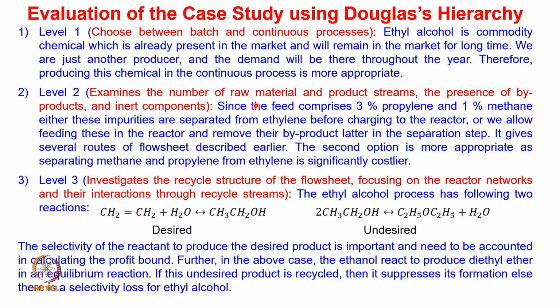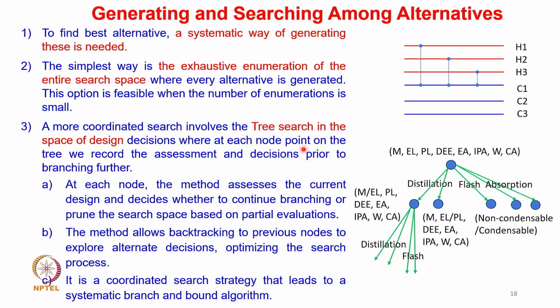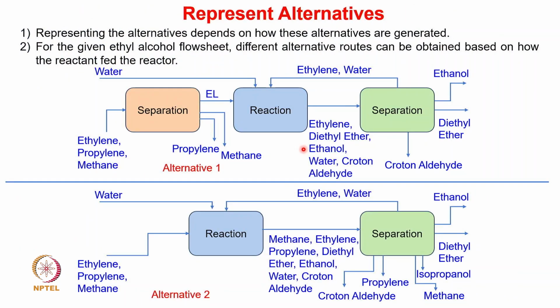Based on this we have formulated different flow sheets which we have discussed earlier. I'll go back again. These are the two options we have looked at, but there are multiple alternatives possible. Here you can see that we are looking at separating propylene and methane from the raw material, and then the pure ethylene is passed to the reactor.